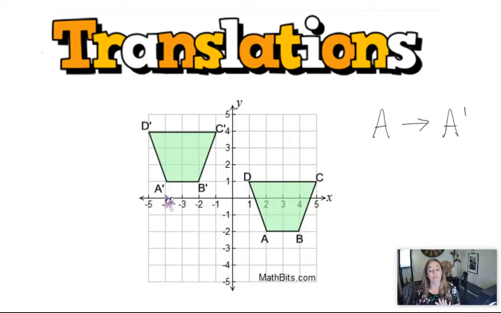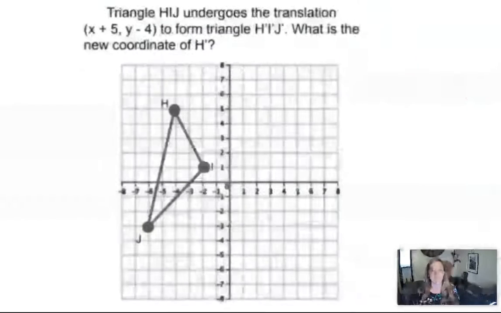That's important because if I asked you how this shape is translated, and you didn't know what the original shape was, you might say it went right and down and turned into this shape here. But in actuality, it went up and left, because I know this is the original shape since it doesn't have the primes on it. So I know this shape was translated up and left. Let me show you how to translate a shape.